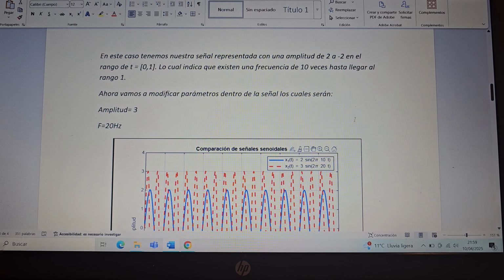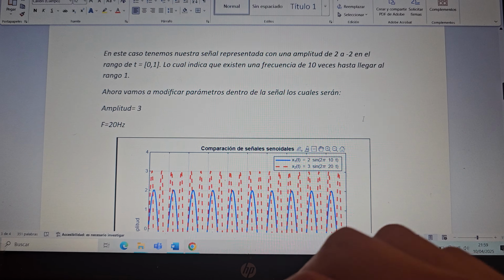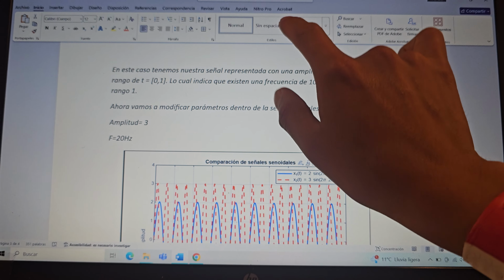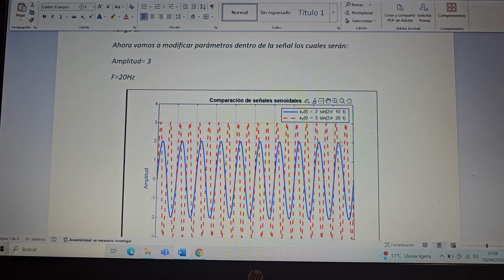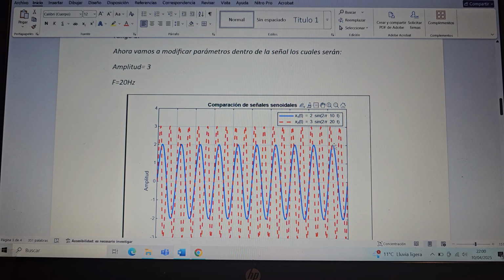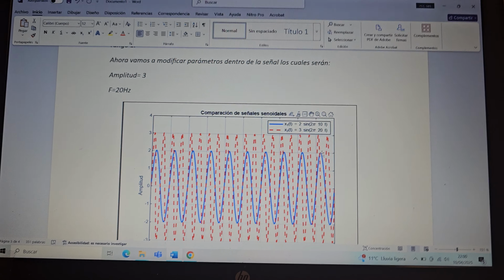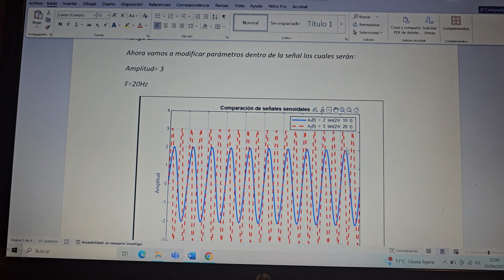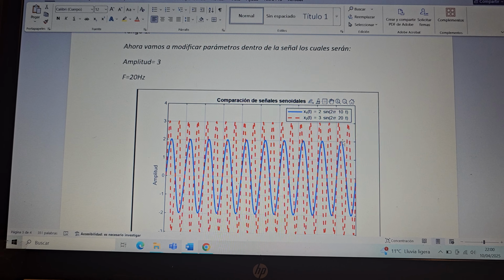And this is the graphic of this sinusoidal signal, and we have to make a few modifications in this part. So this explains the previous image, and now we have to modify some of the parameters that you taught us in our class.